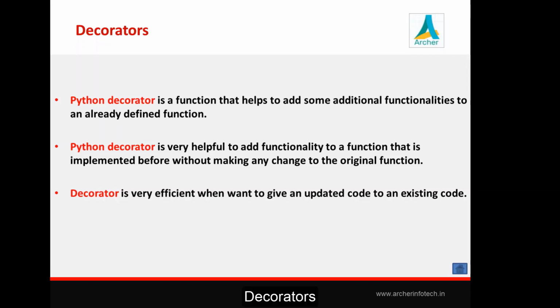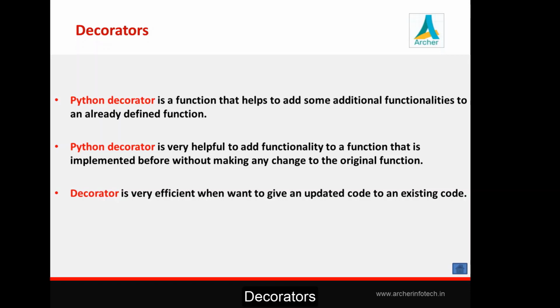A decorator is a function. First of all, a decorator is nothing but a function that helps to add some additional functionalities to an existing function. Decorator takes one function, adds some functionality to it and returns it. So a decorator function always takes an argument, and that argument is another function.